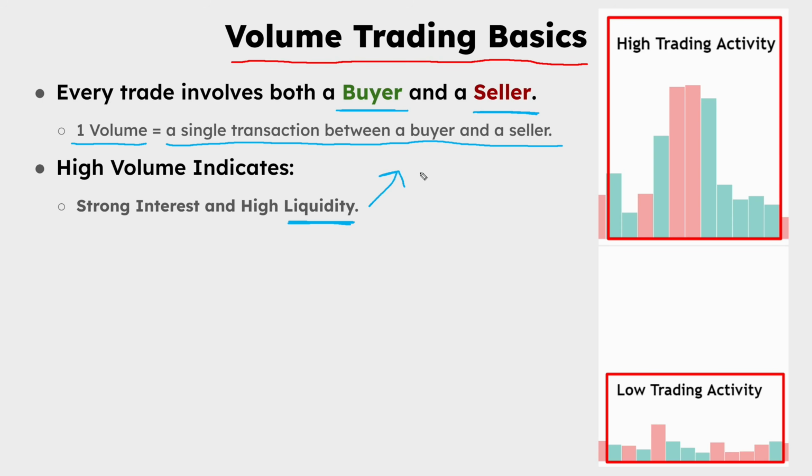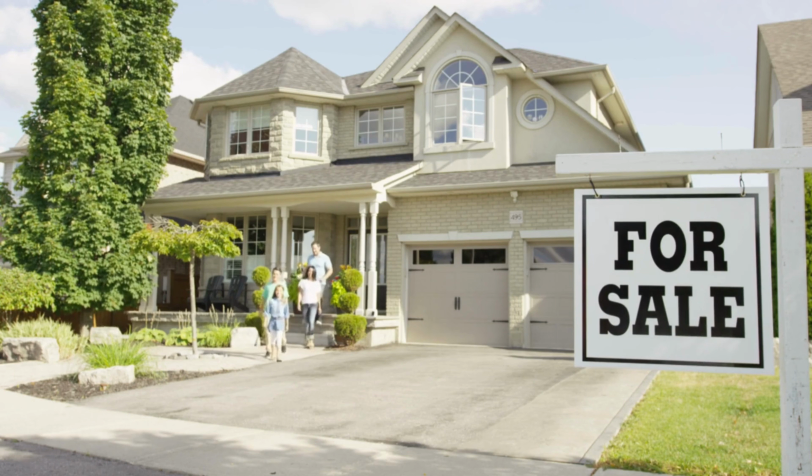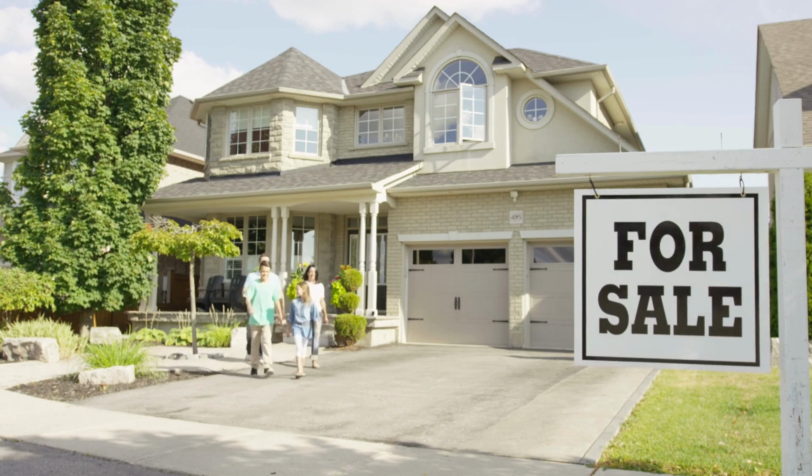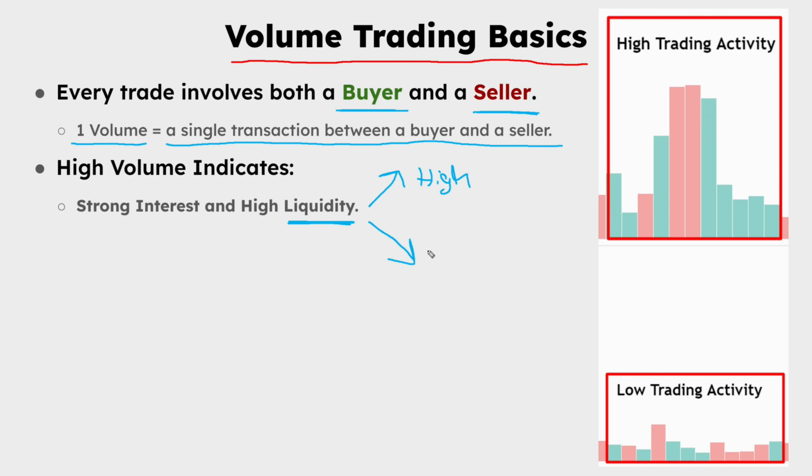So in that case, we say that the liquidity is high. But if you want to sell your house, can you sell it in 1 second to anyone? Well, your house is harder to sell because there are not as many buyers available. So when we talk about houses and real estate and so on, we say that the liquidity is low.